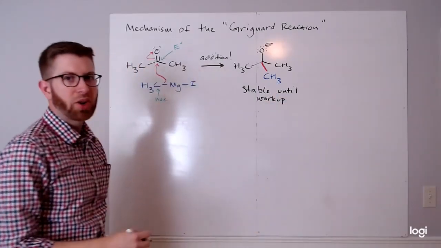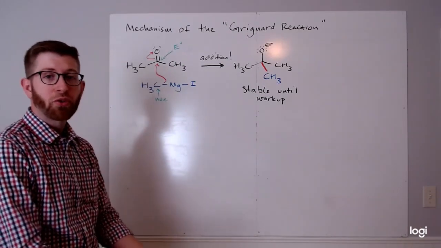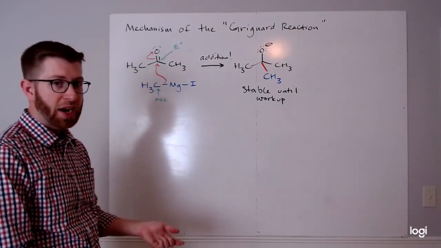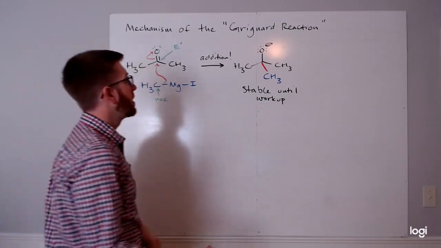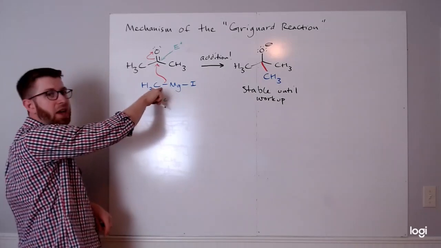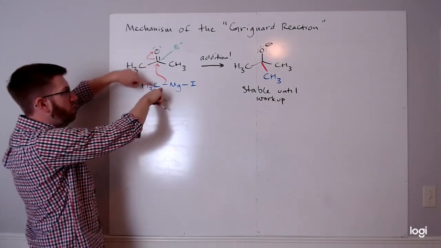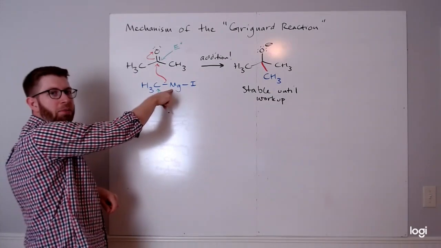I want to connect this mechanism to what you saw in video 1 and what Grignard discovered was forming in the reaction that now carries his name, so we also need to think about the magnesium. The electrons are basically staying with this carbon in the new carbon-carbon bond that's forming, which means that the magnesium itself is becoming positive.